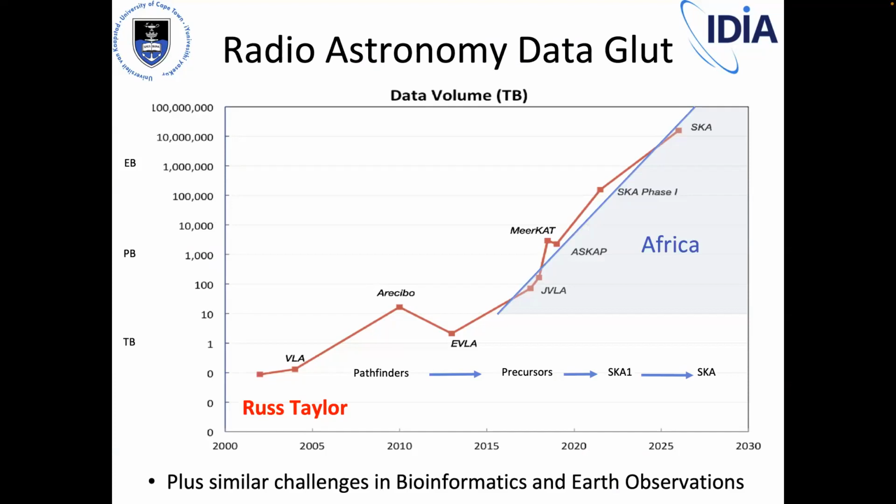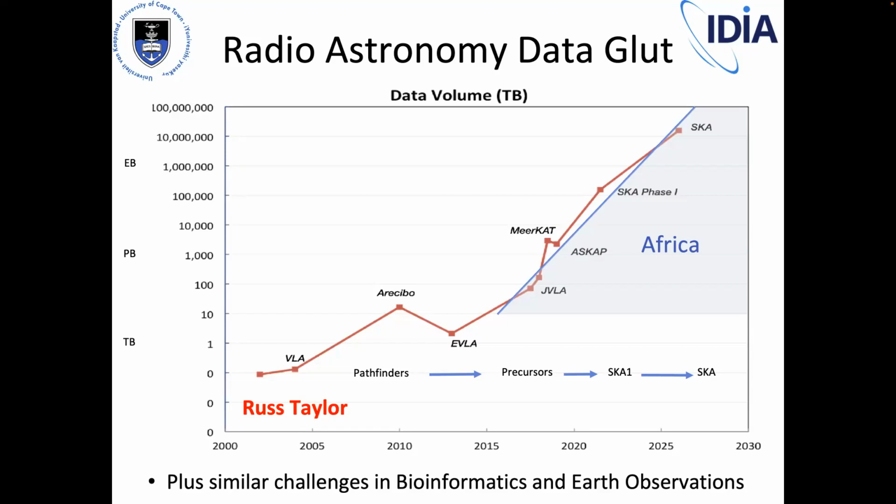This is a plot by our colleague here, and Russ Taylor, the director of IDIA and professor here. It shows that after 15 or 20 years at the beginning of the century, the size of a typical radio data set did not increase much. Bear in mind that this is a logarithmic scale, but still, it only went up by a factor of 10 or 100.